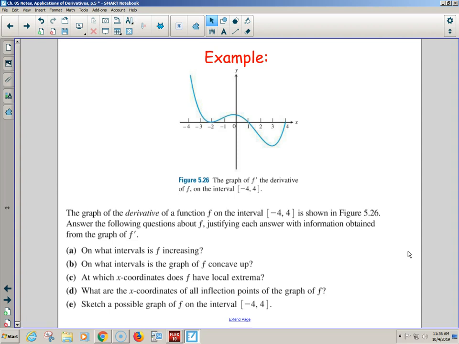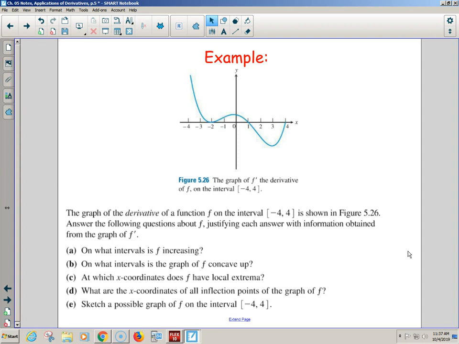Remember, it's not just your understanding, but also your group's understanding. F double prime is greater than 0 when f prime is increasing.